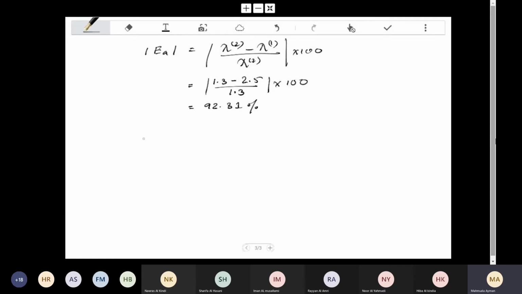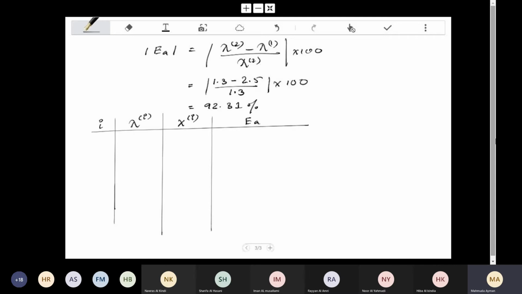So let's say we have a table, with our i values and the lambda i, then the xi, which are the eigenvectors, and the absolute relative approximate error.